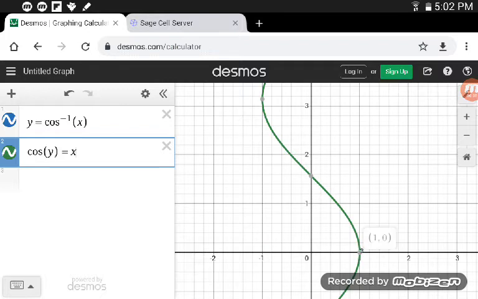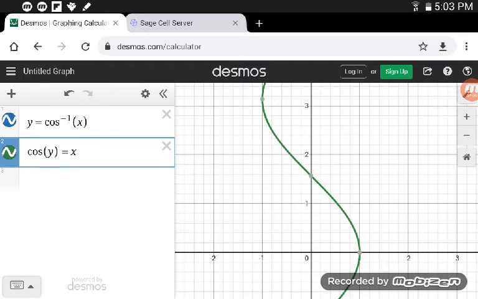And notice that if x is 1, then cosine of what gives you 1? y equals 0, which is what we see there, which was actually nice, right? So you can see 1, 0.